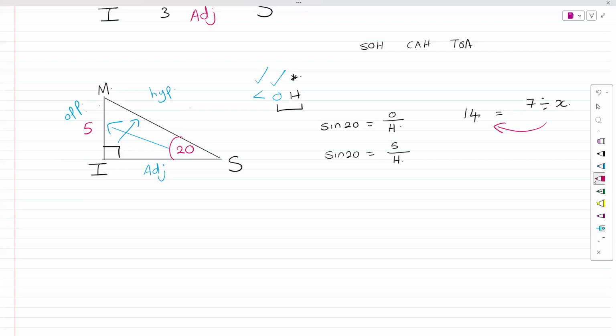So we would take it over as 14 times x equals 7. And then the opposite of multiplication is division. So when we take it over again, we get 7 over 14. Does that make sense? So we'll take the h over as multiplication. So this becomes h times sine 20, and that equals 5.